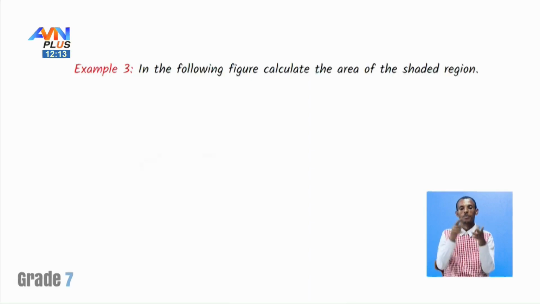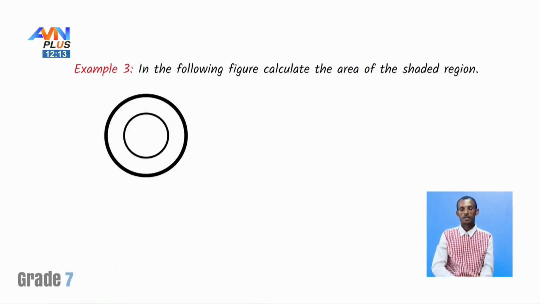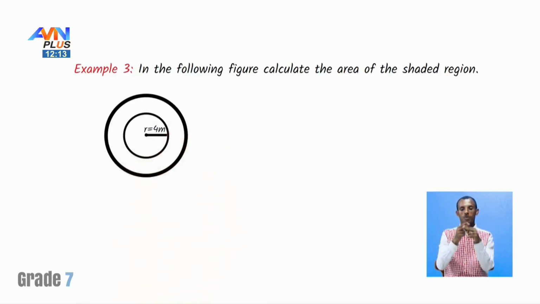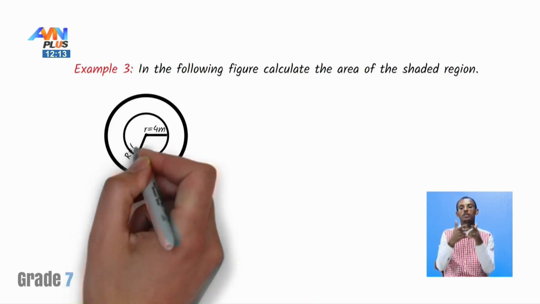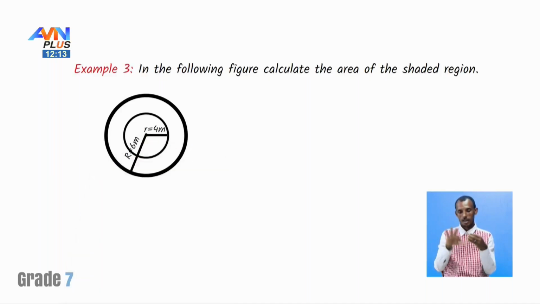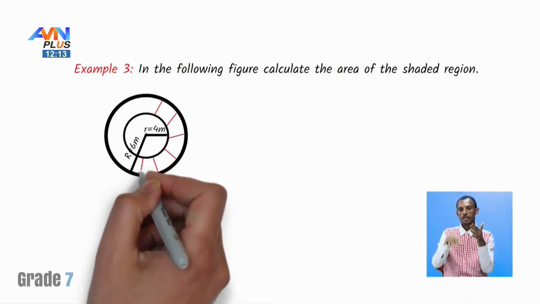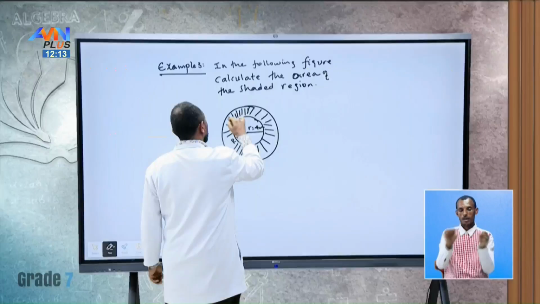Okay, here you have two circles. The radius of the smaller circle is 4 meters, and the radius of the bigger circle, let's use a capital R, is 6 meters. You are asked to calculate the area of this shaded region.